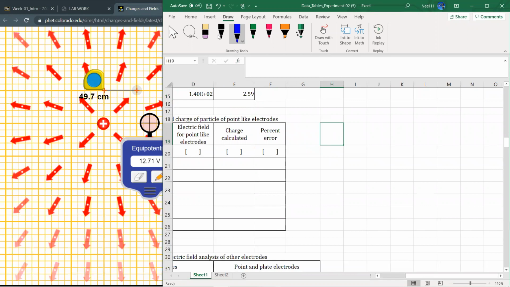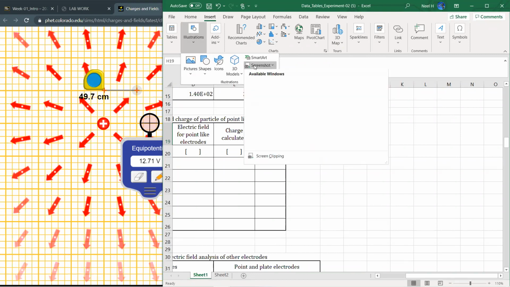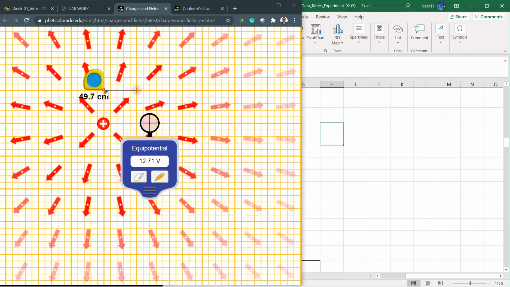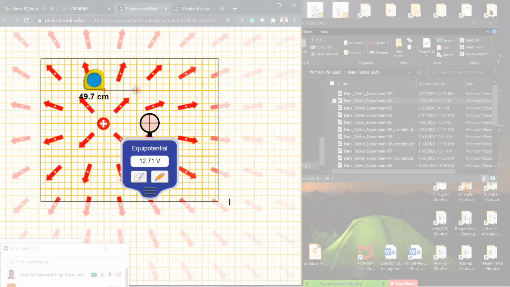There's an easy way to bring that here. If you click on Insert and then go into Illustrations or Pictures, then you will see Screenshot. Click on that. Then you will see different options, and there's an option called Screen Clipping. On that, I can take a screenshot anywhere on my screen by selecting the exact area.